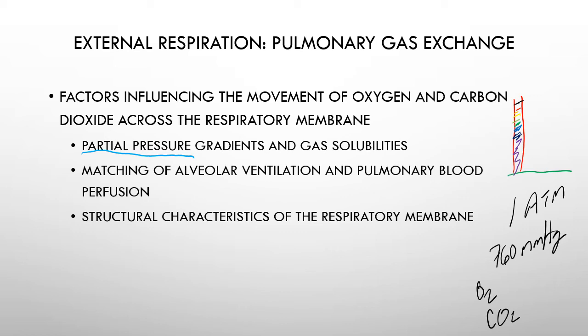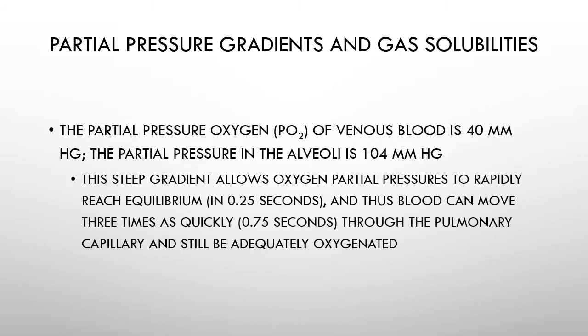And so we're going to have to take that gradient between our alveolus and our capillary that's coming by that alveolus, and essentially match the amount of air that's coming in with the amount of perfusion or blood flow that's going through there. And so we need to match our alveolar ventilation with the pulmonary blood perfusion itself, and that's going to allow us to get the right amount of mixture of oxygen coming in.